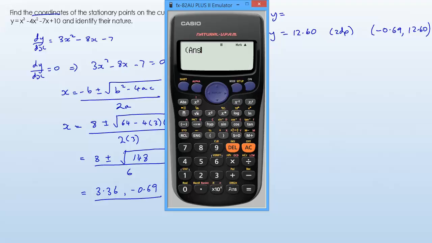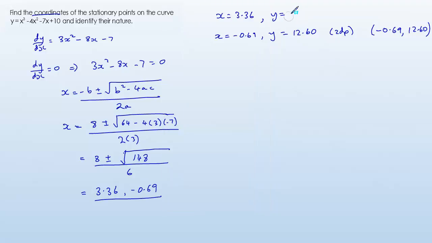So answer cubed, take away 4 times answer squared, minus 7 times the last answer, add 10, and that gives me negative 20.75. So there's a 2dp. So that's 3.36 and negative 20.75.